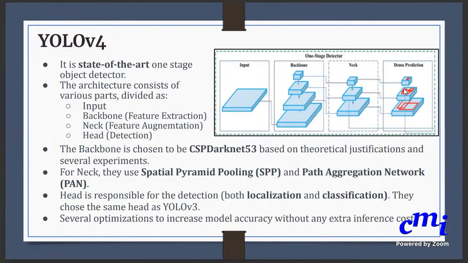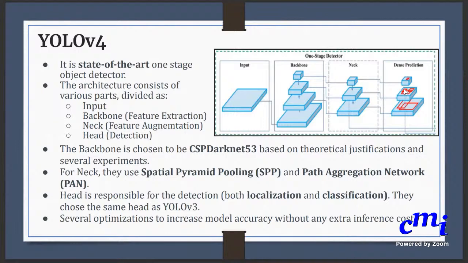When it comes to the backbone, there are various choices available, which are pre-trained on image classification data sets like ImageNet and then fine-tuned on the detection data set. For example, we have CSP ResNeXt 50, the CSP Darknet 53, and also the EfficientNet B3.